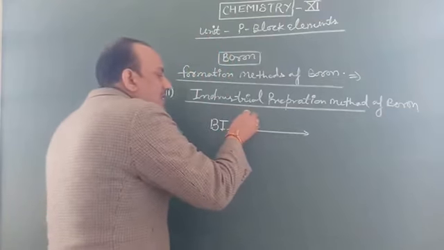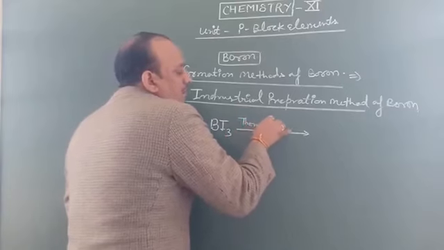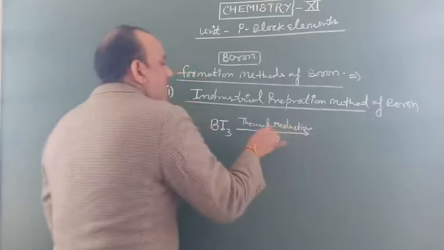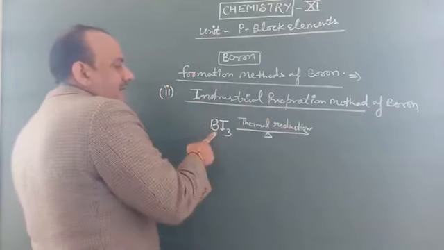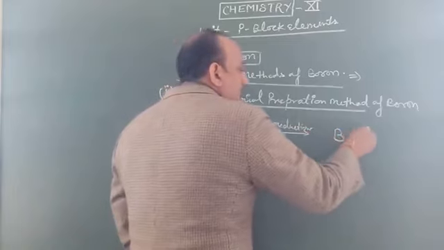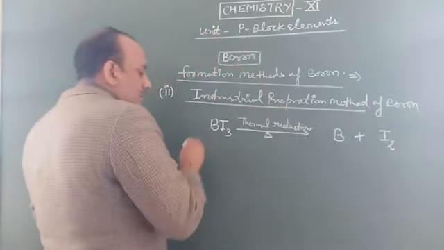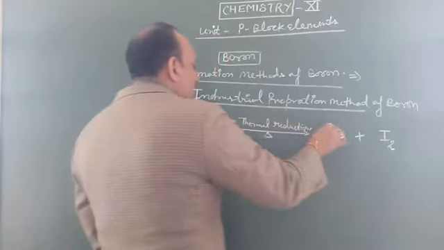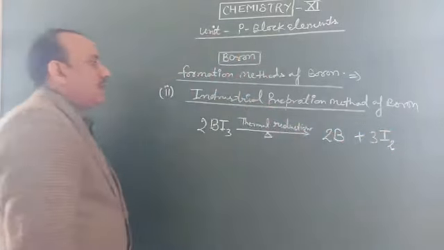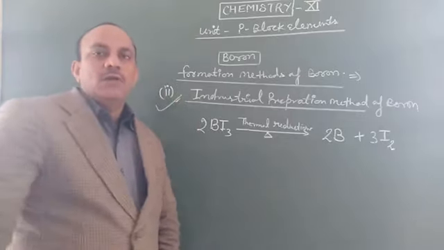By the mechanism of thermal reduction, it extracts boron and releases iodine. So B plus I2. For balancing, we use 2 and 3 here. It is the industrial preparation method of boron.